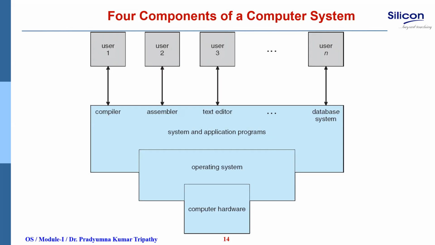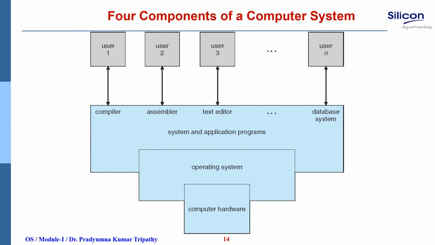What are the requirements of users? The user gives an instruction in the form of programs. Like you write a program and you want to execute it. Suppose you have written a C program and try to execute it. That means you are using a compiler, a C compiler. Another user might be using an assembler.